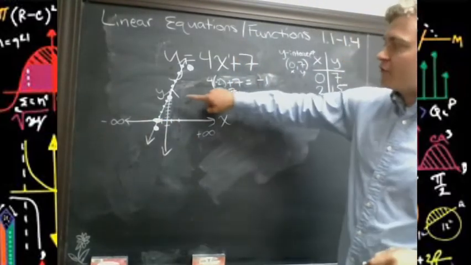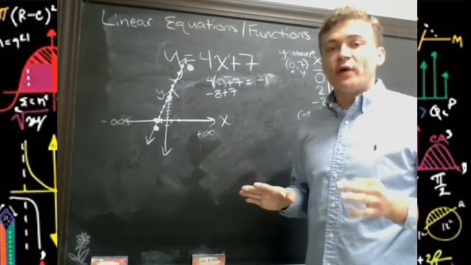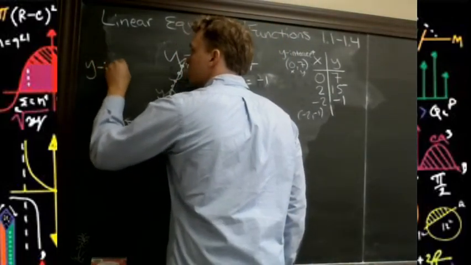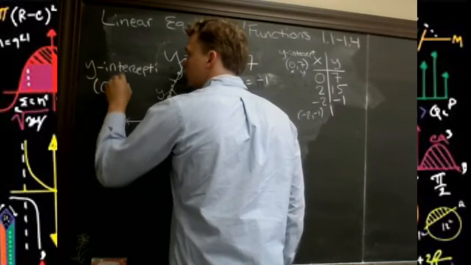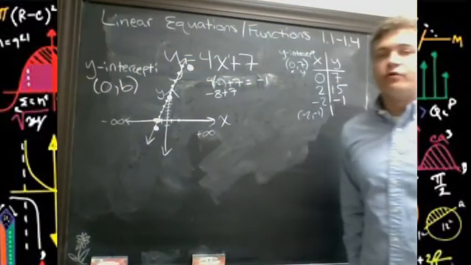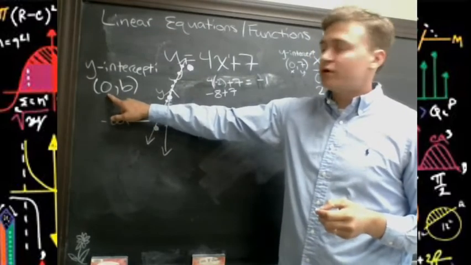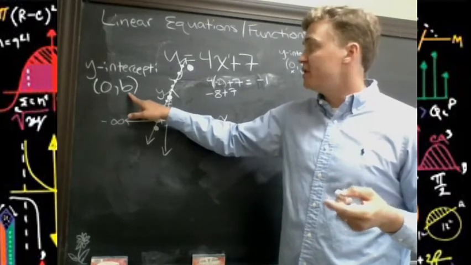Now, for the y-intercept, the x-coordinate is always 0. So in general, for any y-intercept, the x-coordinate is always 0, and then we will have to determine what the y-coordinate is going to be.